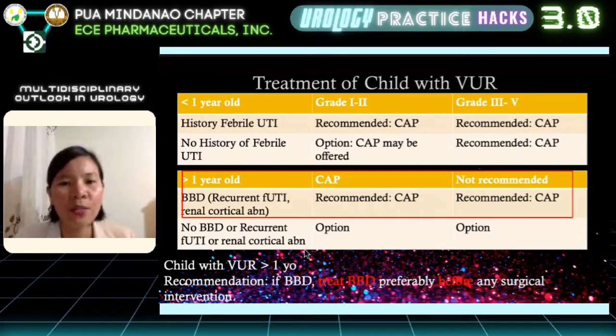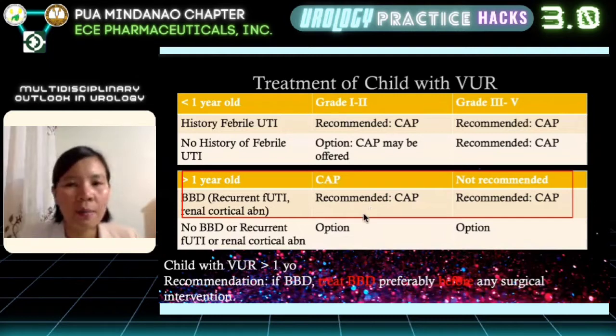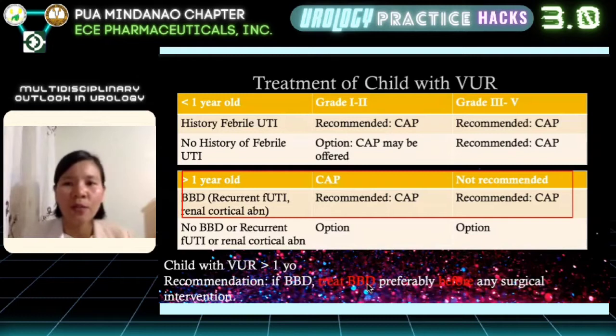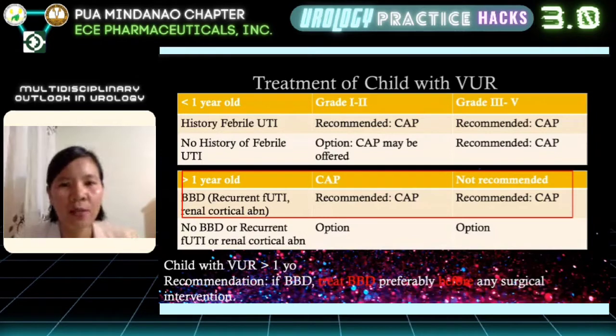Toilet-trained children with recurrent UTI, with BBD, with renal cortical abnormalities are the patients that would benefit from CAP. This would decrease UTI by 50%, but not the renal scarring and its consequences.